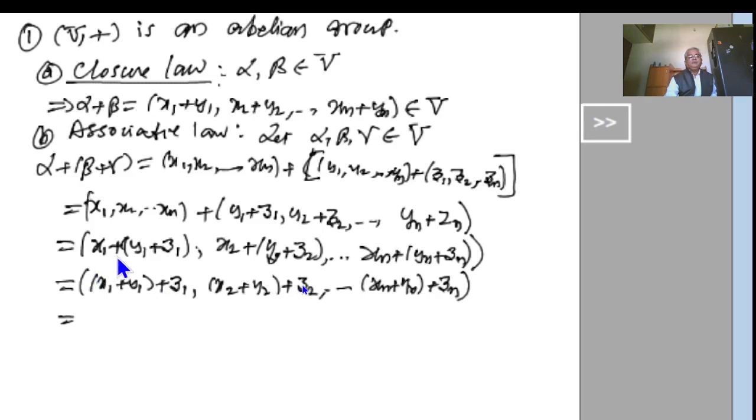So what we are doing here is adding the first term of alpha and the first term of beta, and also the second term of alpha and second term of beta, up to the nth term of alpha and nth term of beta. So this is equal to alpha plus beta plus gamma. So here alpha plus (beta plus gamma) is equal to (alpha plus beta) plus gamma. That is, the associative law is satisfied. Okay, next we go for identity.